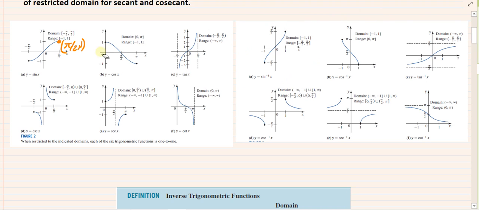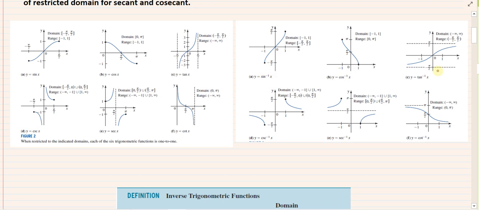So you can see the restricted domain for each of these graphs, and our focus is on the inverses. So for sine inverse, the restricted domain is from -1 to 1, right? And for cosine, it's going to be -1 to 1 also.